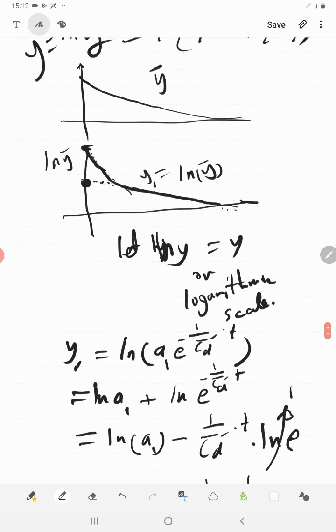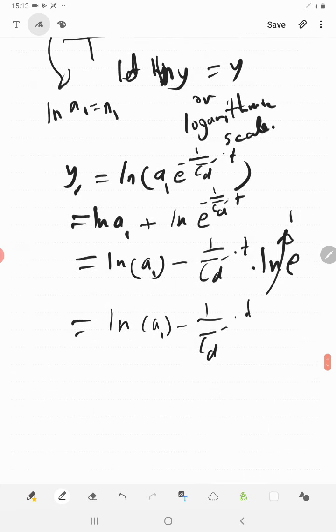So this point here is ln a1, let's name it n1. n1 equals ln a1, therefore a1 is equal to the exponential of n1.